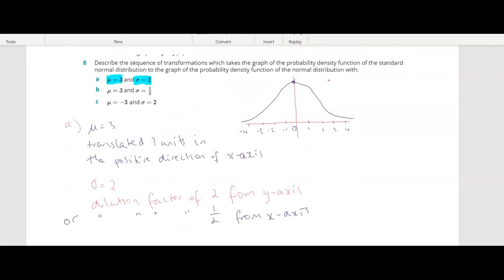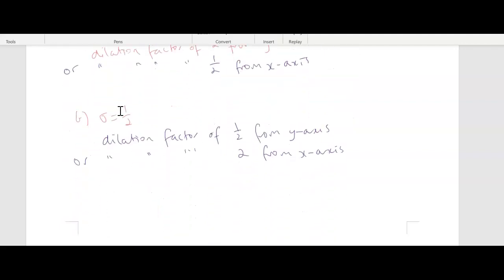All right, and then for part C, this time we've got a different mean, so it's -3, so that means it's gone to the left. Okay, so let's write that one down.